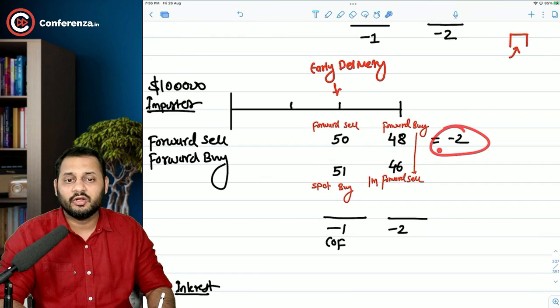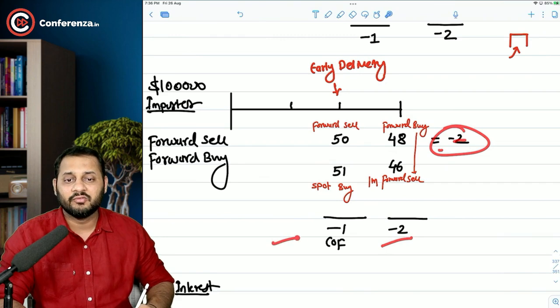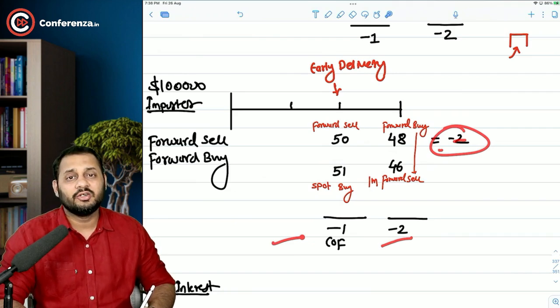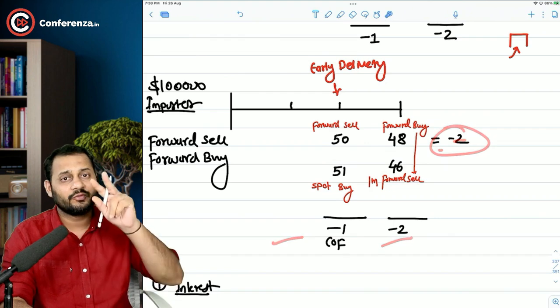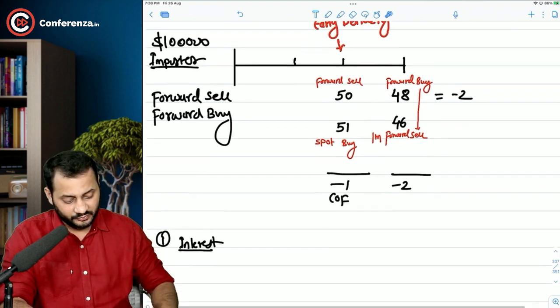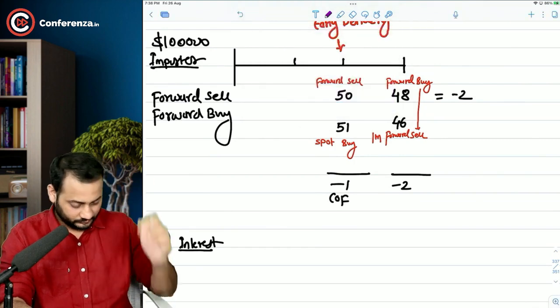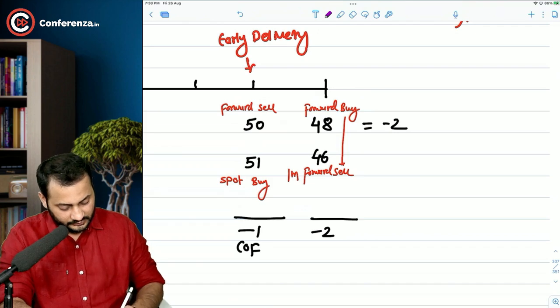Right. So the total loss is coming to 2 rupees of the profit, 2 rupees of the cover contract cancellation, and 1 rupee of the spot transaction on the early delivery. So total 5 rupees will be recovered. But let me make all these calculations very easy for you in the exam. Instead of doing the 3 calculations, you just have to do 1 calculation. Let me first cover up this.